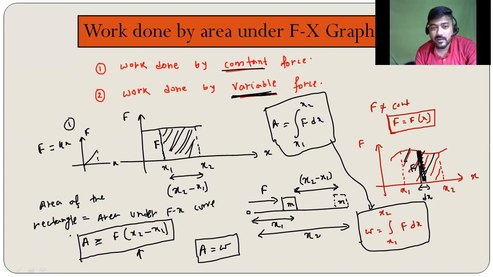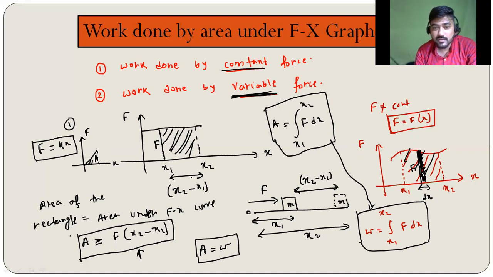So in that case, we can find the area by using the area of a triangle formula. This is also a variable force, but we don't need to integrate because this is the equation of a straight line, y is equal to mx, a straight line passing through the origin.